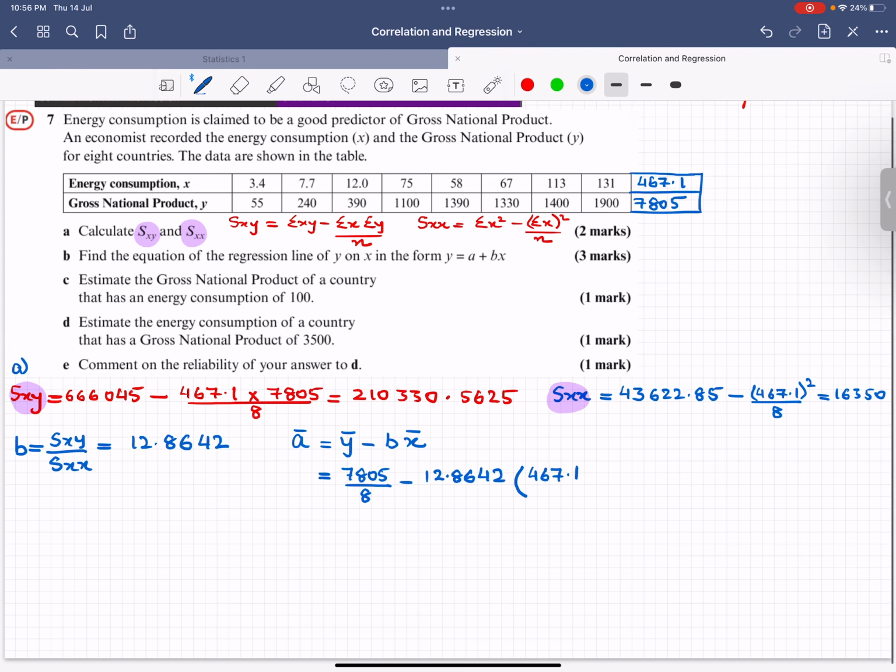That is the total of all values of x divided by the total number of entries. And that gives us the average of a value, which is equal to 224.5.